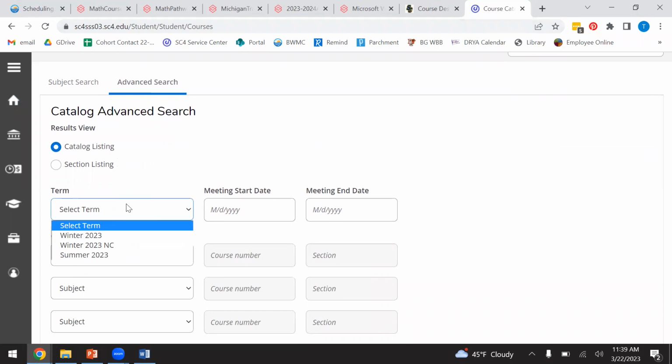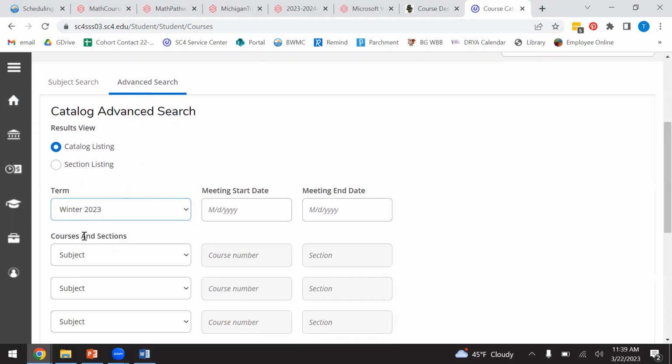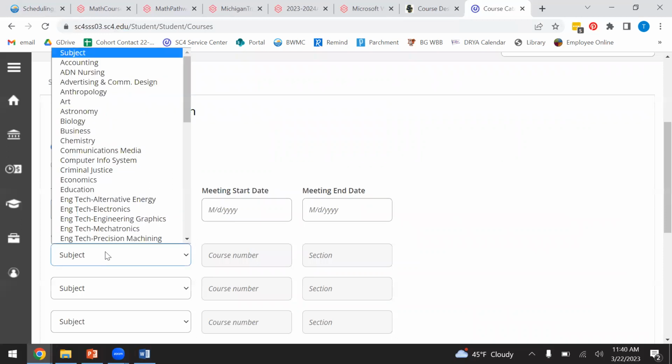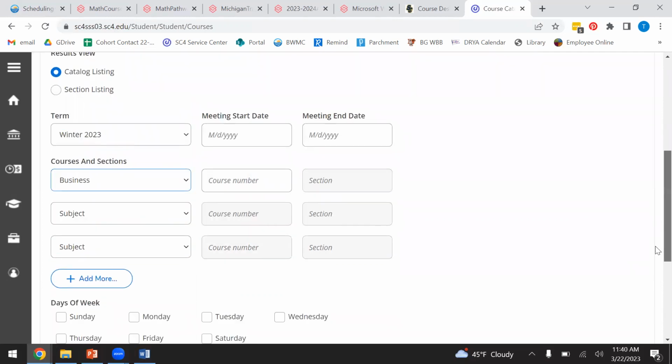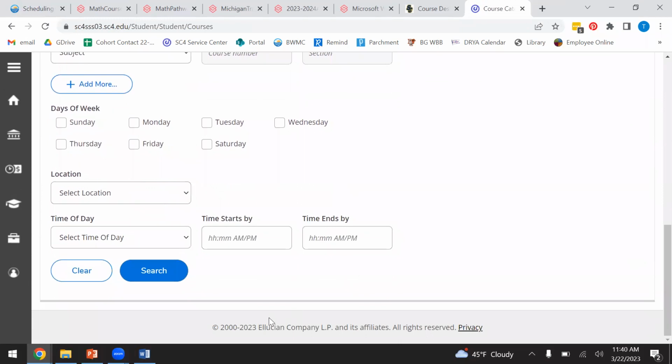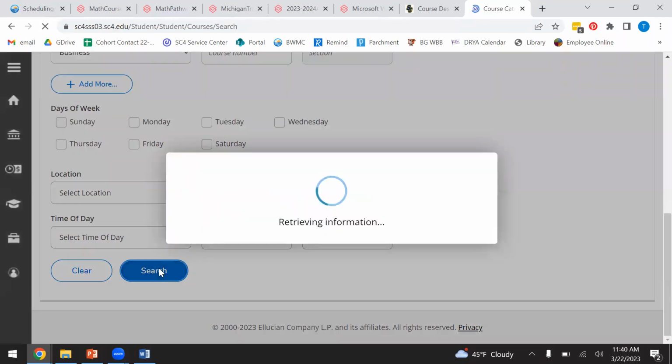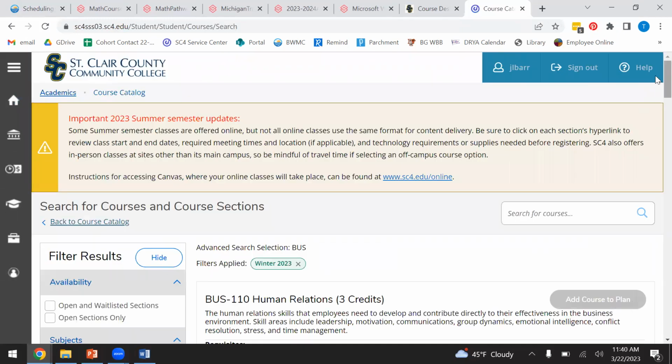Right now we're planning for fall, but fall registration is not open, so that's not listed as an option. But let's say we were planning for winter, you can put in the semester there, and then you could say, okay, I want to know what business classes are going to be offered this upcoming semester. So you can just select the course and the semester.